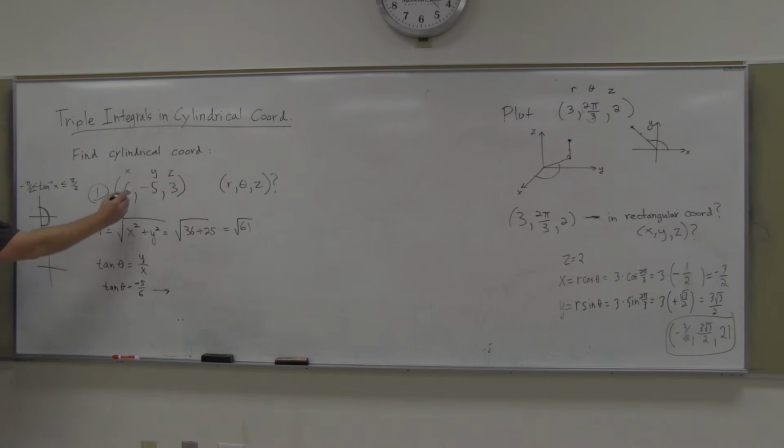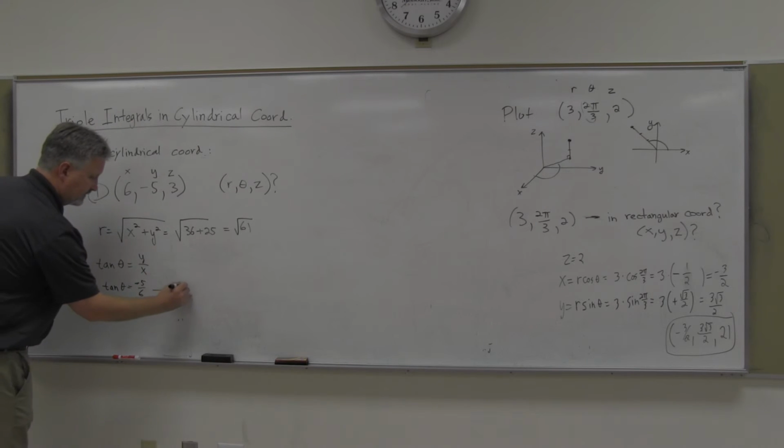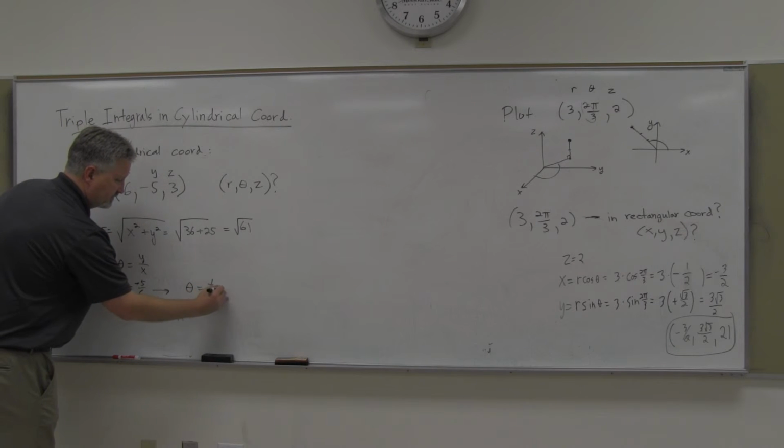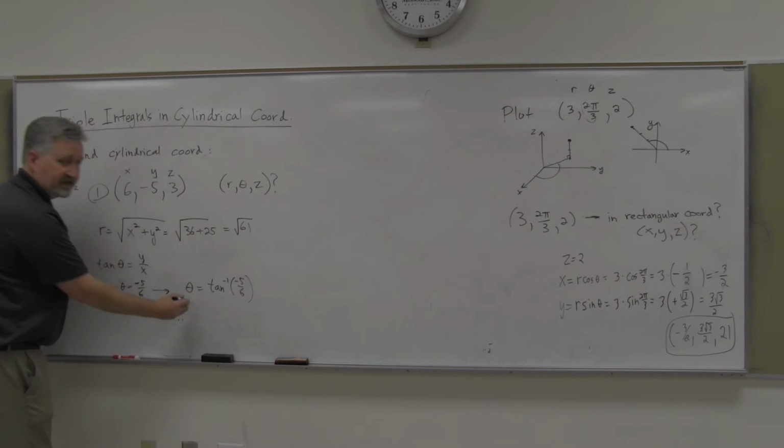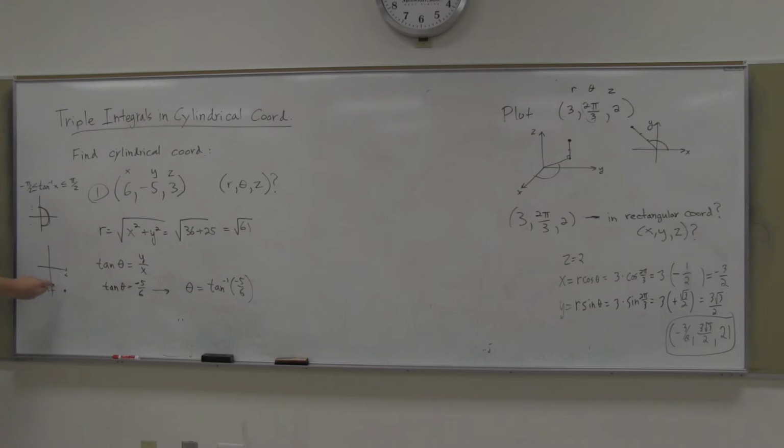Well, if you just plot the point in xy terms, so x is 6, y is -5, we're in good shape here because we are in quadrant 4. So theta is tangent inverse of -5/6. We can say that. In this case, it's fine because that's going to give us a quadrant 4 angle.